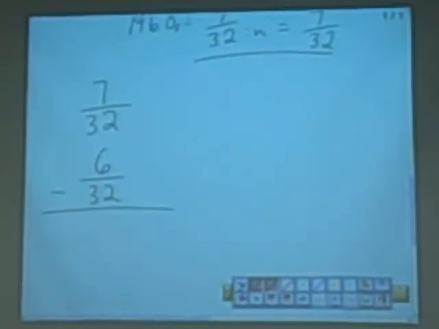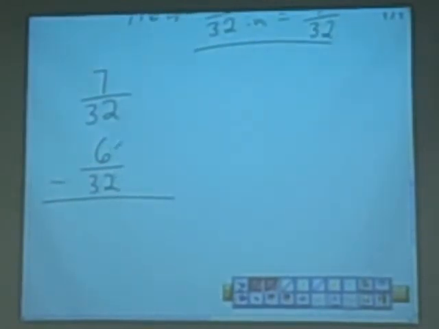And that's going to give us 1/32, and our units are 1/32 of an inch. Okay? All right, any questions with that?